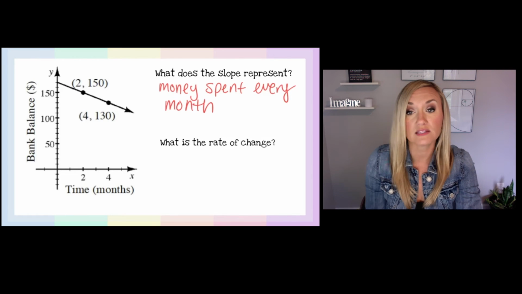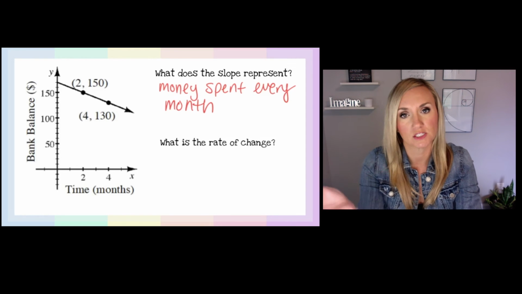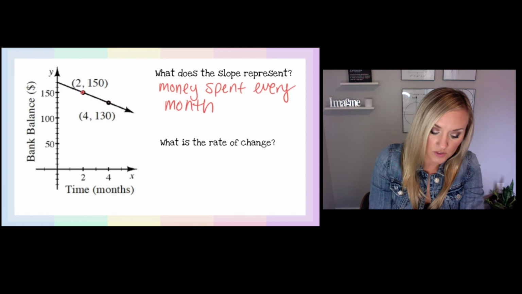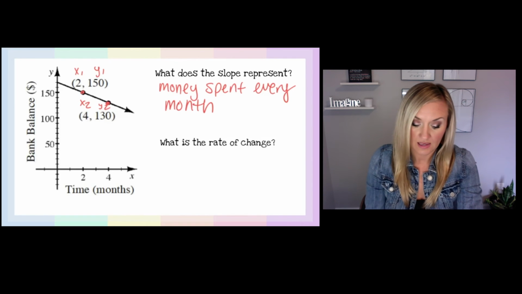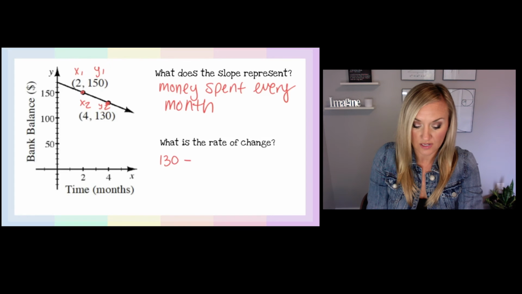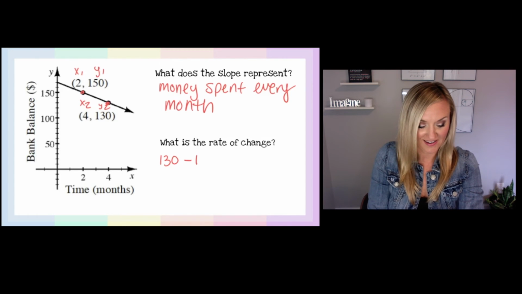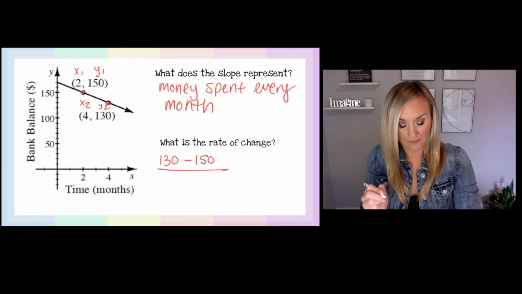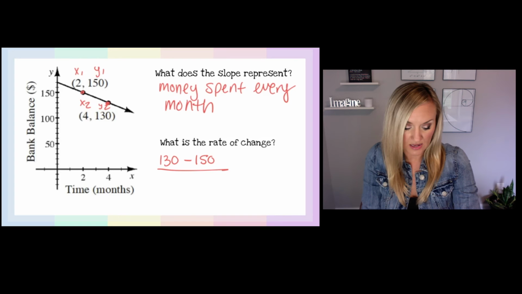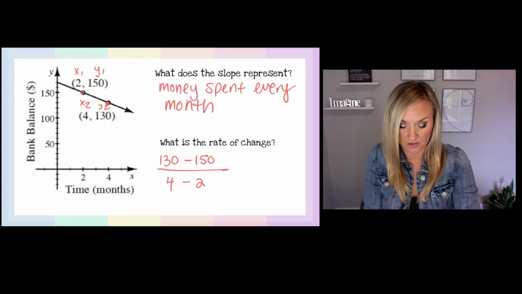Okay, so let's find the rate of change. Let's see how much money this person is losing per month. So I am going to use my 2 points, x1, y1, x2, y2, and y2 is 130 minus y1, 150, over, let's see, we have x2 is 4 minus x1 is 2.